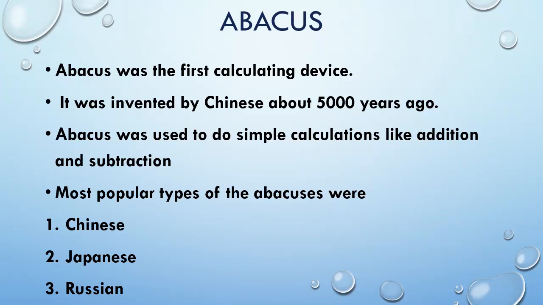Abacus is made up of a wooden frame in which rods were fitted across with round beads. Sliding on the rod, it is divided into two parts called heaven and earth. Heaven was the upper part and earth was the lower one. The most popular types of abacuses were Chinese, Japanese and Russian.